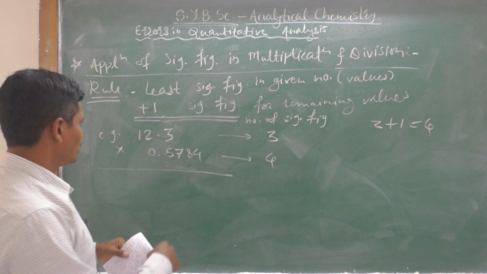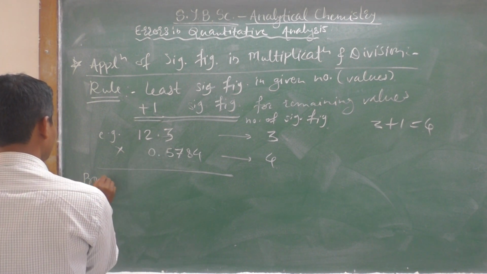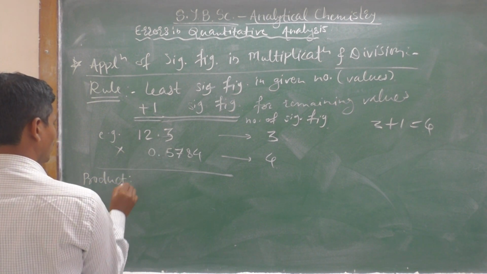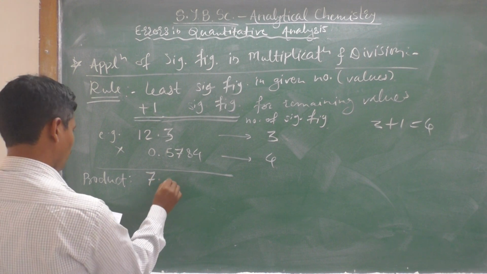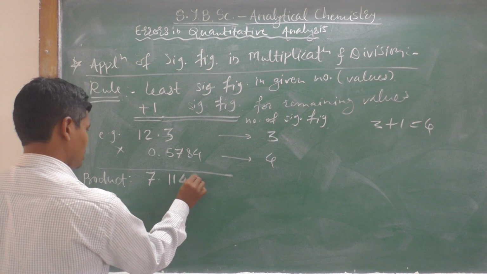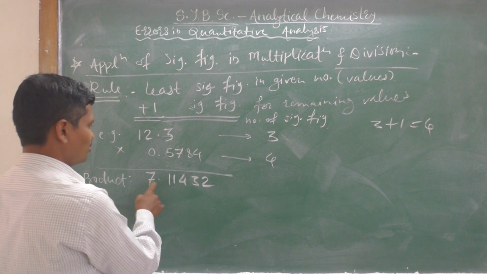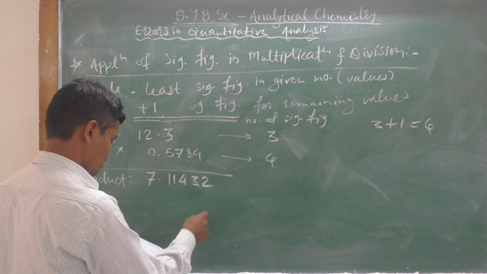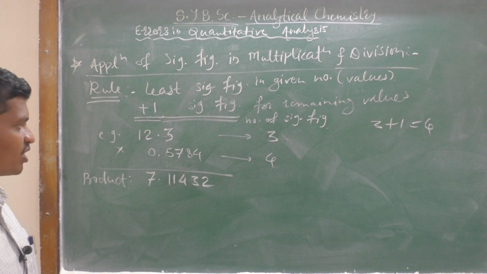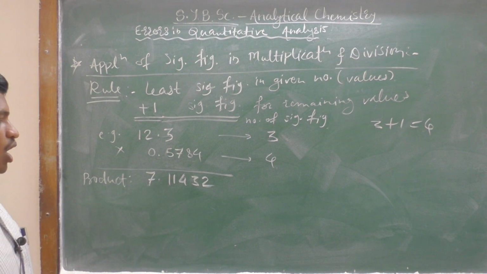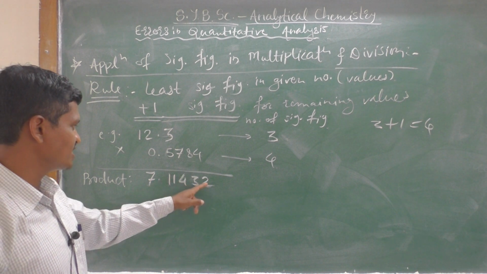Okay, so the answer is the product of this. What is the product? 7.11432. You can use your calculator and calculate this answer. 7.11432 is the product of this multiplication. Now, how many significant figures are there? 1 2 3 4 5 6.